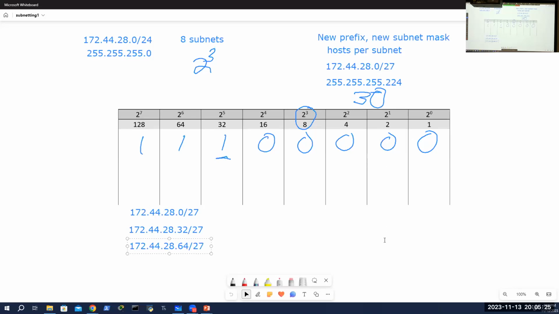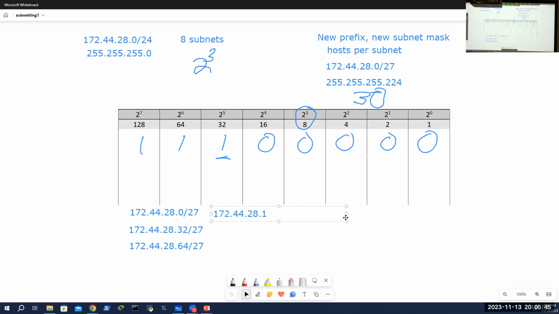So that means that you also have to figure out the hosts. If you needed to find out the first host address, for the first subnet it's always easy, because it's always just going to be .1 if you're starting with a .0 network.